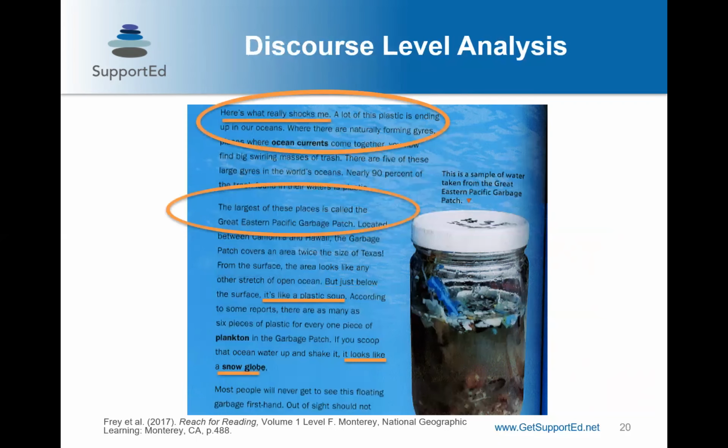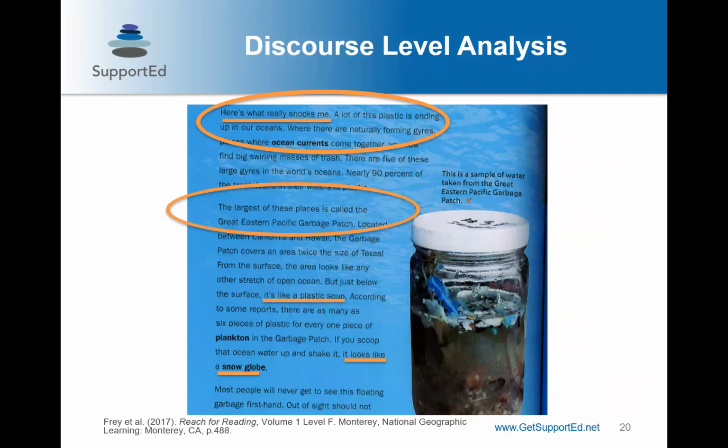All right, and at the discourse level, this is where it really gets fun. That very first sentence, "here's what really shocks me," might be something, depending on your objectives, that you want to highlight or support for your ELs. It's first person voice. It feels kind of conversational or casual. There are also the circled sentences, which are topic sentences.